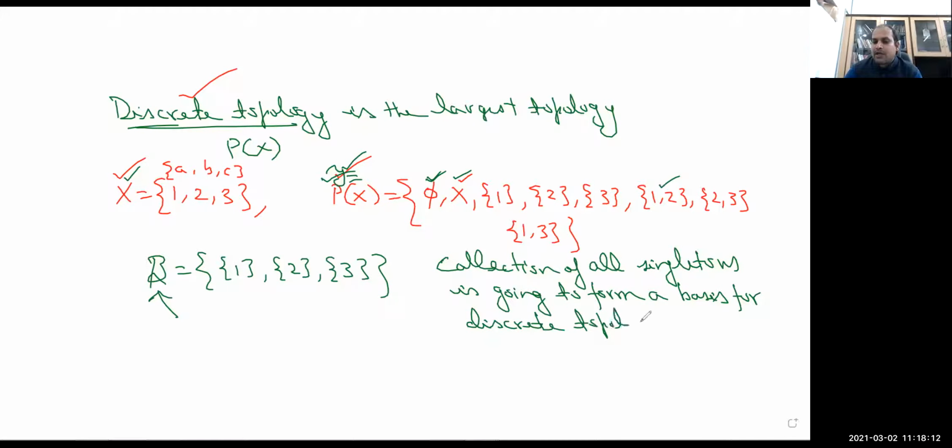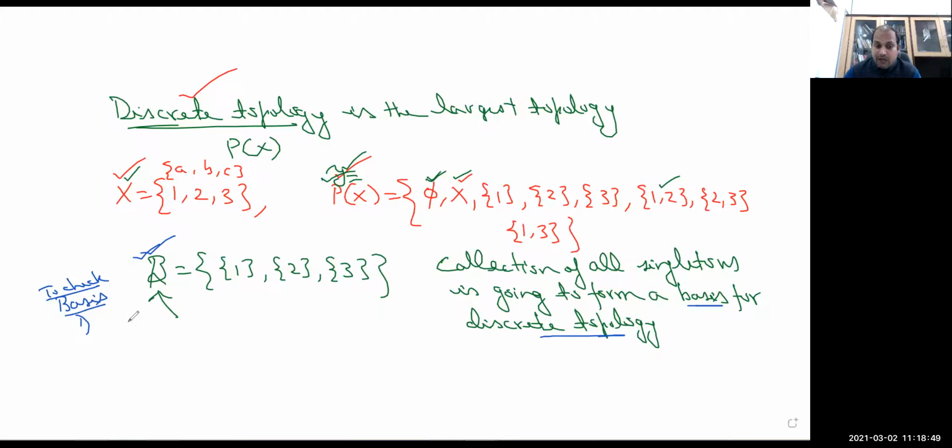To understand this, let me explain it with the help of an example. I have started with a finite set, and then we will generalize it to abstract spaces. My claim is that this collection is going to form a basis. First check whether this collection of singletons is a basis or not. The first condition to check for a basis: recall what is written there.